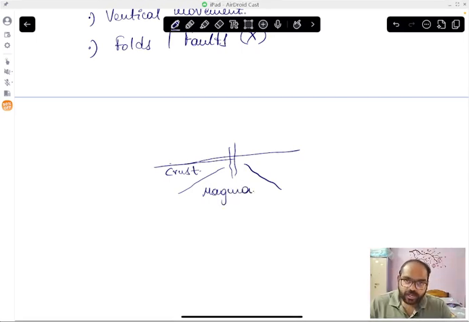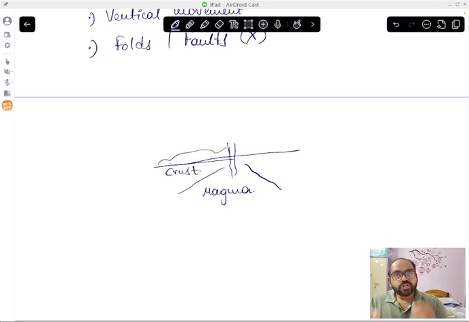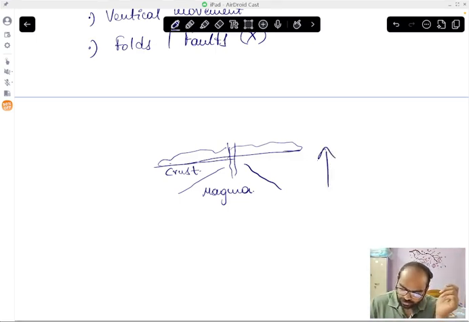The magma came out, settled on the surface of the earth, solidified into continents. So it is a vertical movement. So there is upward movement and a downward movement also.